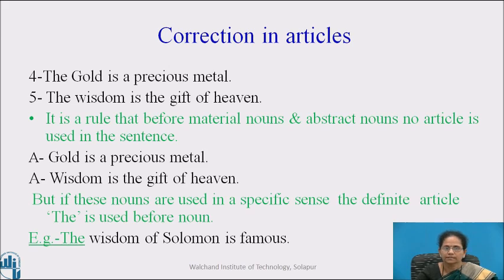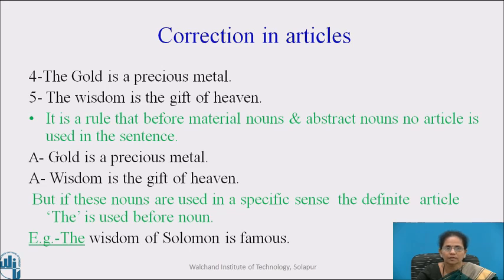See some other examples. The gold is a precious metal and the wisdom is the gift of heaven. It is the rule that before material nouns and abstract nouns, no article is used in the sentence. That's why the correct answer should be: gold is a precious metal and wisdom is the gift of heaven.